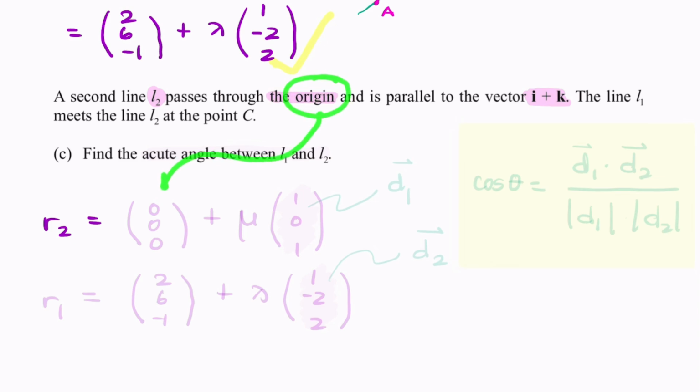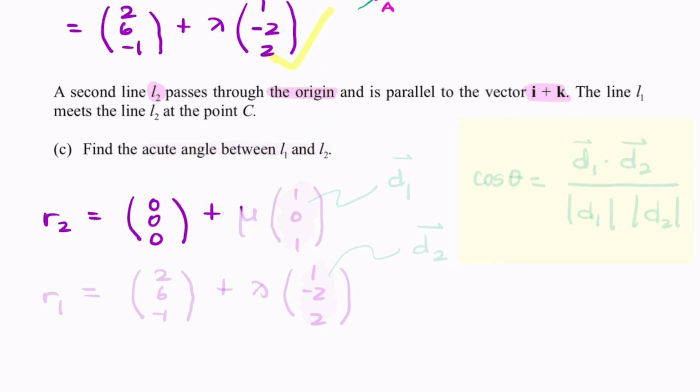We're told it passes through the origin, so that's going to be 0, 0, 0, plus another parameter, let's call it mu this time, times the direction. It says i plus k, so that means the j component doesn't exist, so it's 1, 0, 1.